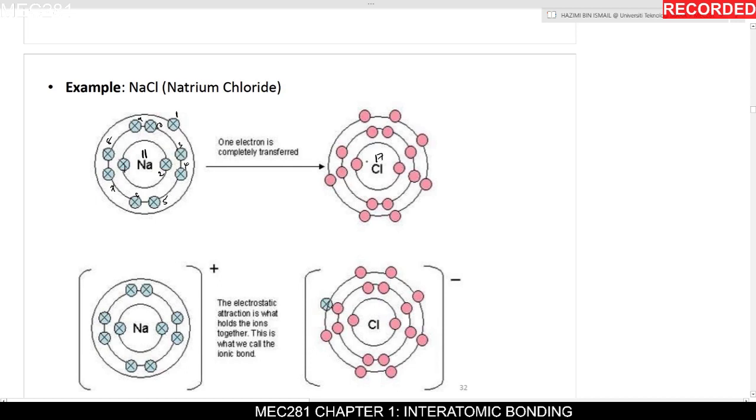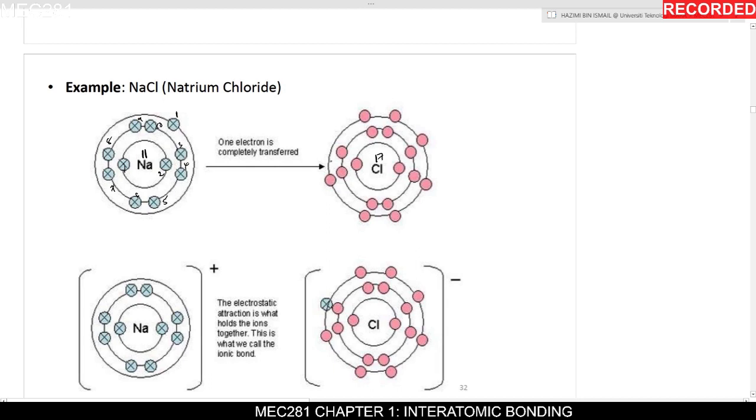The first shell has only 2 electrons. The maximum of the first shell is 2 electrons. This is what I covered in our previous video. So 2, 4, 6, 8, 10, 12, 14, 16, and 17. So there is one missing here.